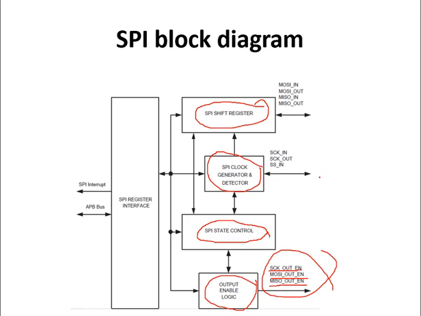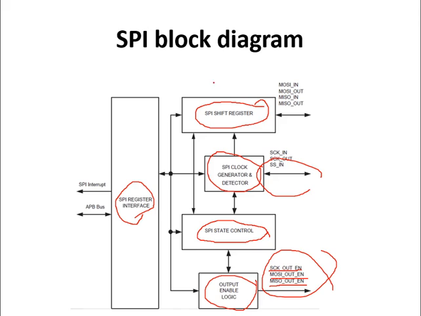Here you are giving the clock signal there. Now, this is connected to the various SPI registers. So the registers will control all these things. Here you are giving the different signals which are connected to the peripheral: master out slave in input signal, master out slave in output signal.